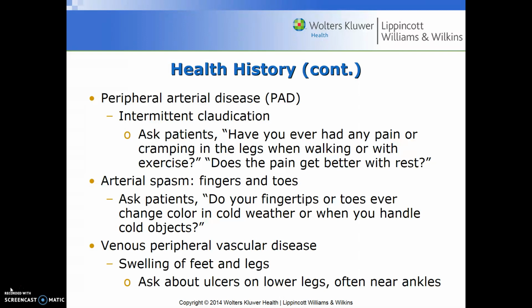Do your fingertips or toes ever change color in cold weather or when you handle cold objects, or if they're exposed like I gave you in the other example? For venous peripheral vascular disease, ask specific questions about swelling of the feet and legs, and also ask about ulcers on the legs, and often near the ankles. The other thing I would ask is if they have ever had any stasis dermatitis.